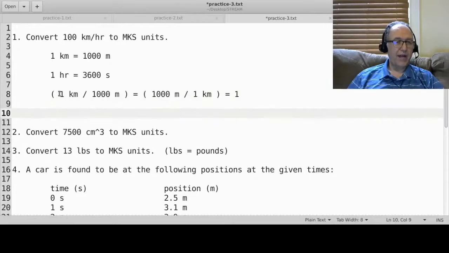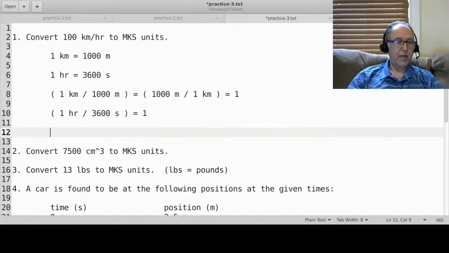So you can make two fractions: 1 kilometer divided by 1,000 meters, or 1,000 meters divided by 1 kilometer. They're both equal to 1. Same thing with the hours. I could do 1 hour divided by 3,600 seconds, and that is equal to 1. I won't do the other one, which would be 3,600 seconds divided by 1 hour.